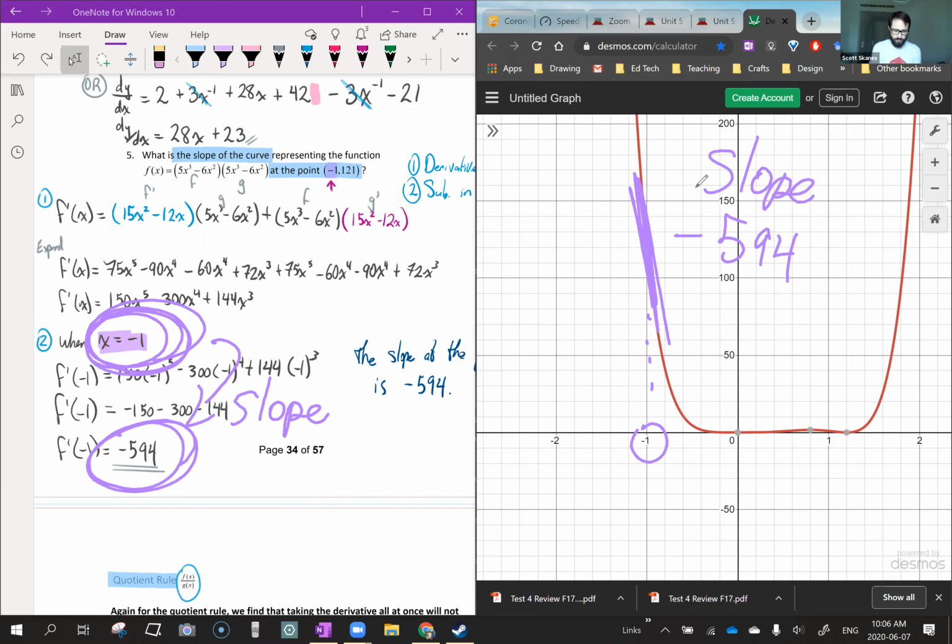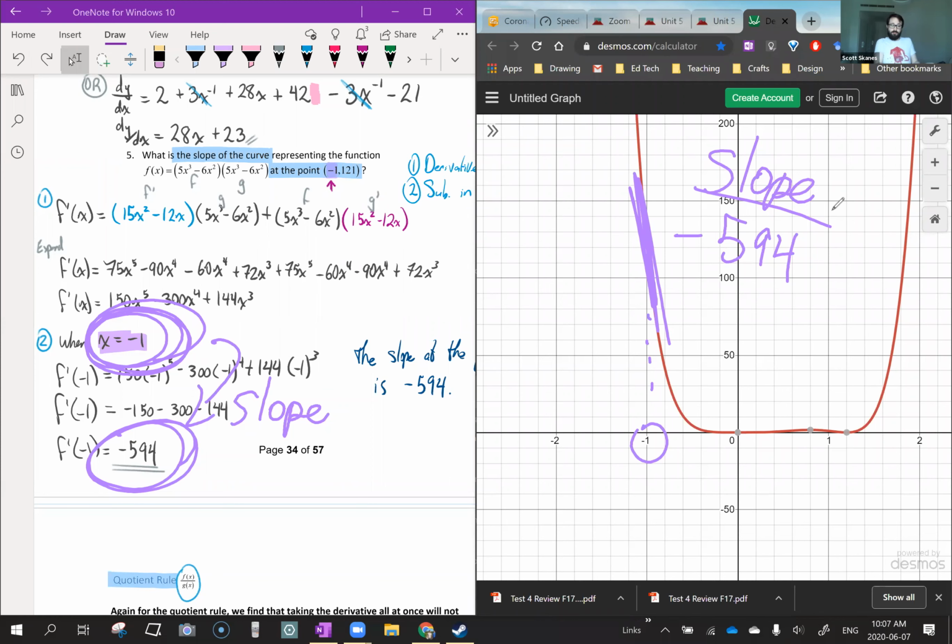Even if nothing makes sense to you here, at the very least, you should be able to look at that function and say, yeah, if I was to put a ball on this, it would go down really quickly. Or if I tried to stand on this, I would fall down because it's super steep. And our answer tells us that. Our answer is like, what was the slope at -1?